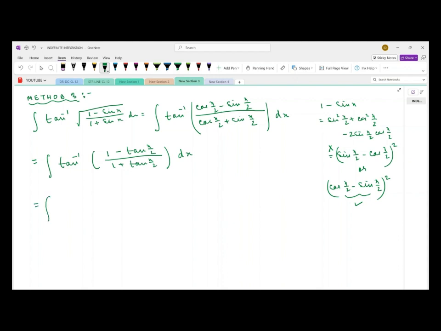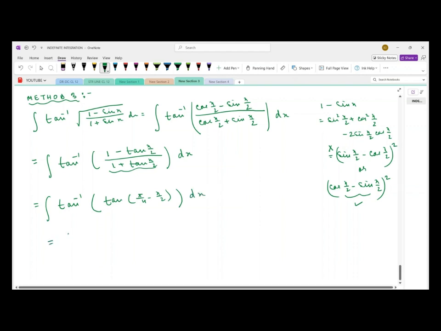I don't think I need to explain this: if you replace 1 by tan pi by 4 and then apply the tan (a minus b) formula, then this portion becomes tan (pi by 4 minus x by 2) dx. So that is equal to pi by 4 minus x by 2 dx.